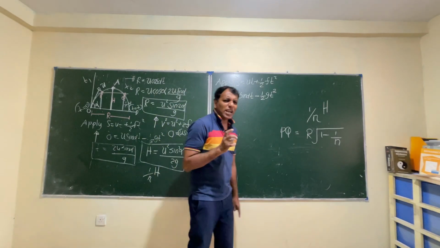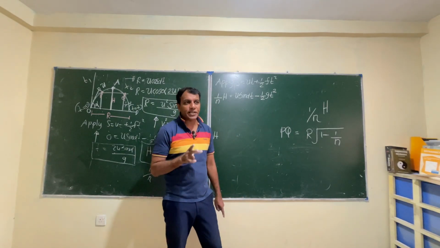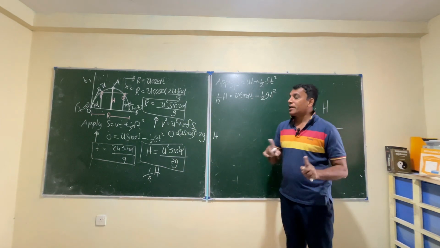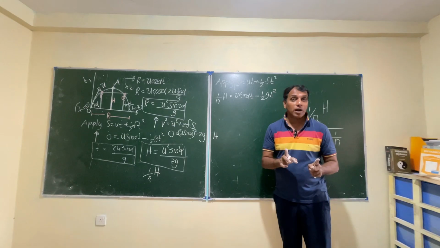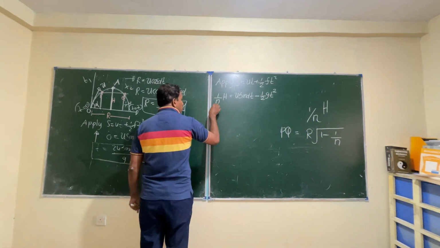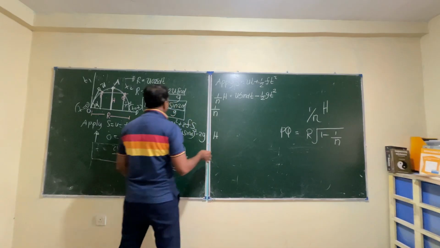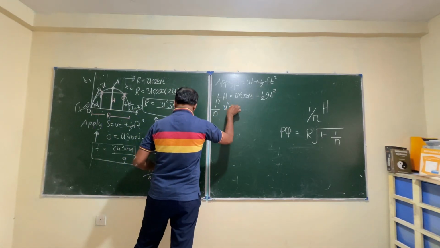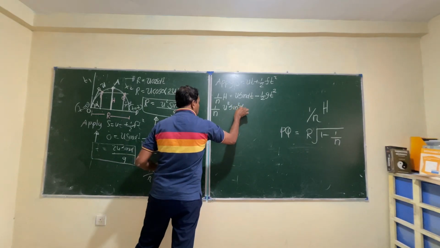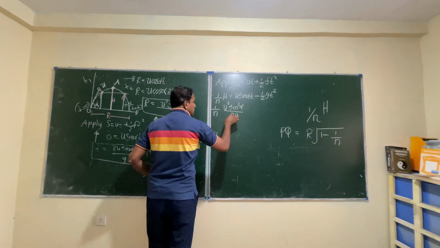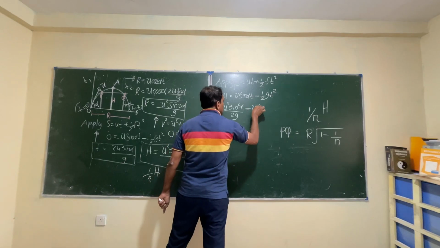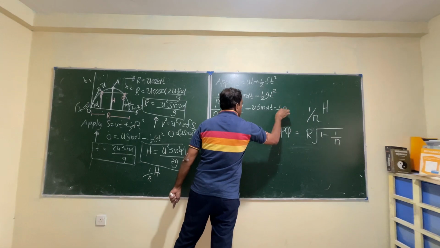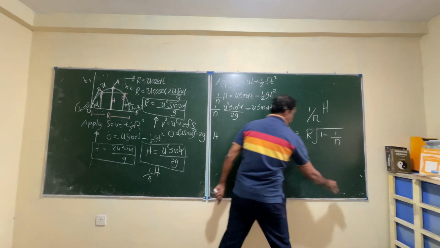You can rearrange this as pure mathematics work, a quadratic equation. Therefore, T has two solutions, and then you can find the T1 and T2. What is H? Therefore, 1 over n times capital H, u square sine square alpha over 2g, equals u sin alpha into t minus half gt square.